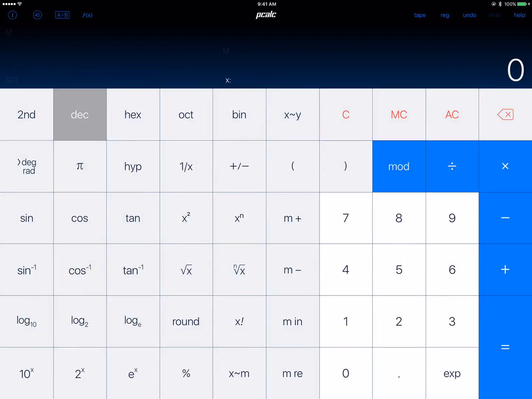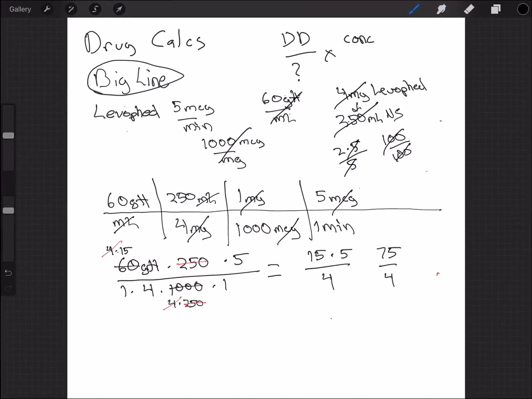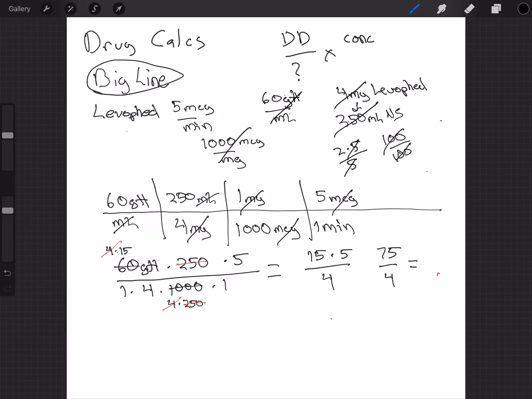Okay, so what did we have? We had 5 times 15 divided by 4 is 18.75. So 75 divided by 4 equals 18.75 drops per minute.